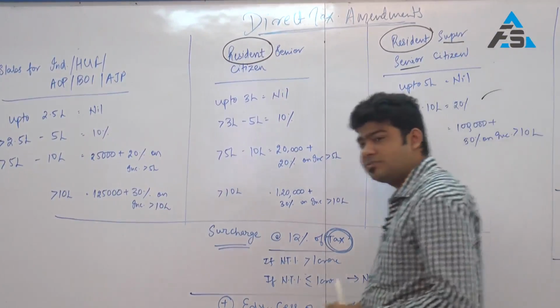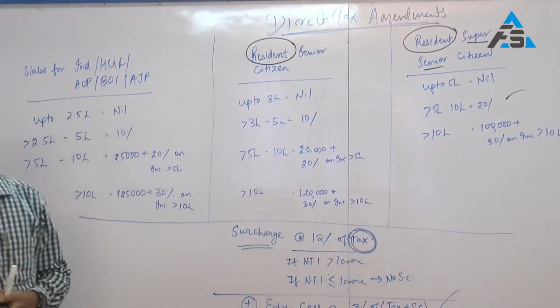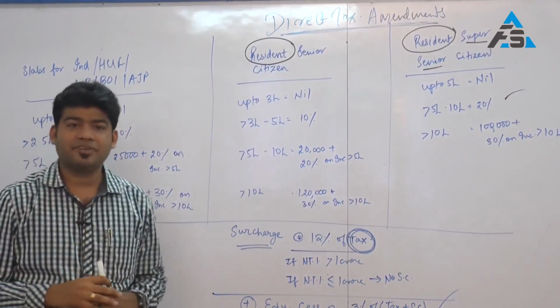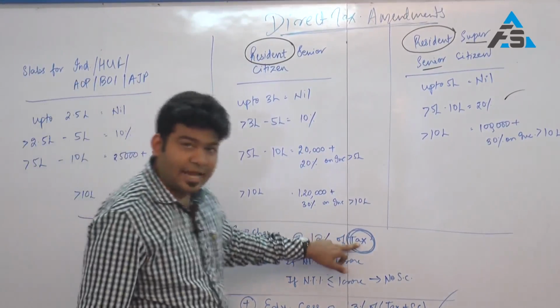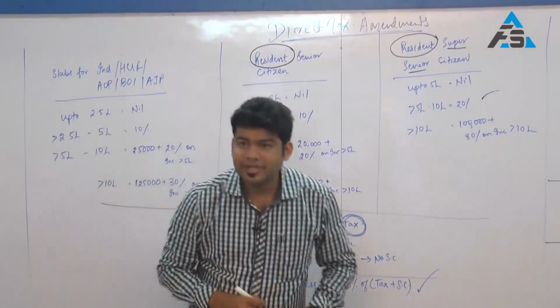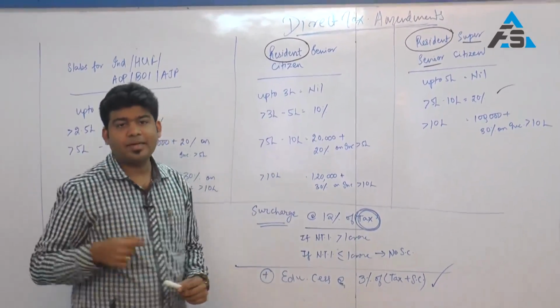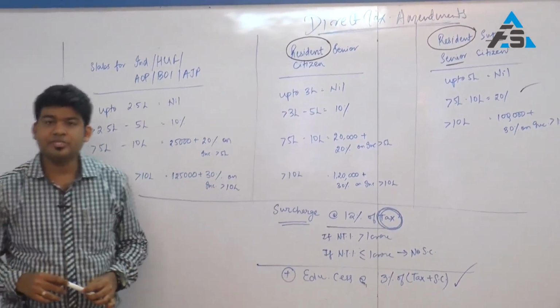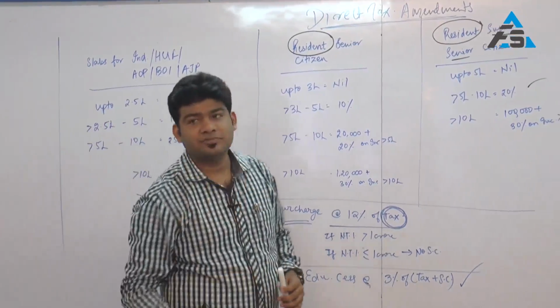There is a surcharge which is applicable for persons earning a very high level of income. So surcharge at the rate 12% of tax. Again, surcharge is calculated on the tax amount. I am sure as students you might know that, but while writing the exam there is a lot of tension and pressure. At times students make this mistake, they take 12% of the income.